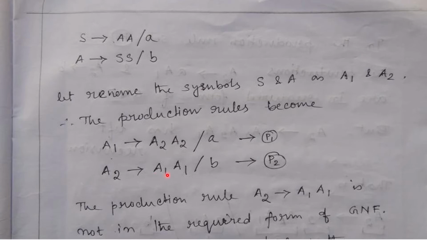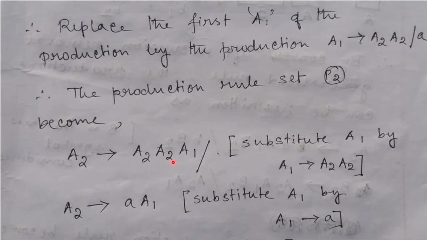So what I can do is replace this A1 by its production rule. Instead of A1, I can write A2A2. So you see, I have replaced the first A1 of the production by the production rule A1 to A2A2, and the production rule P2 becomes something like this.